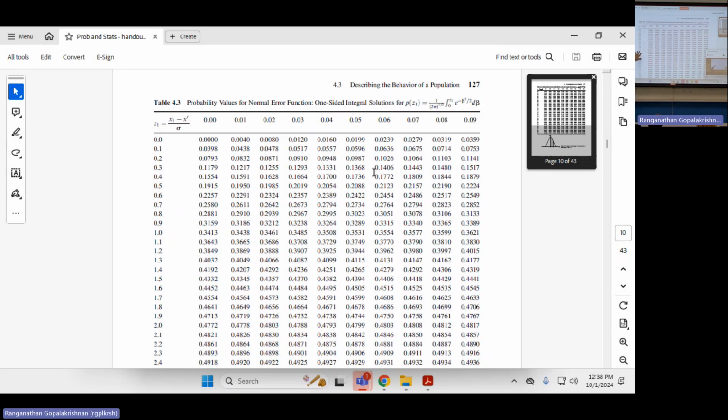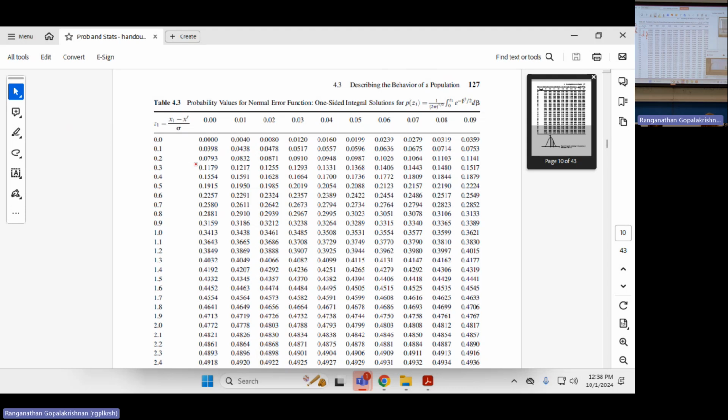Okay. So this table is a calculation of this integral, this quantity. If we calculate the integral from 0 to z of 1 over square root of 2 pi e power minus beta squared over 2 d beta, that is what this table calculates. Just assume that they have done numerical integration to get you these values, so you don't have to do it.